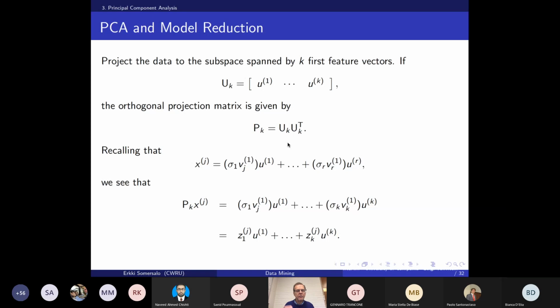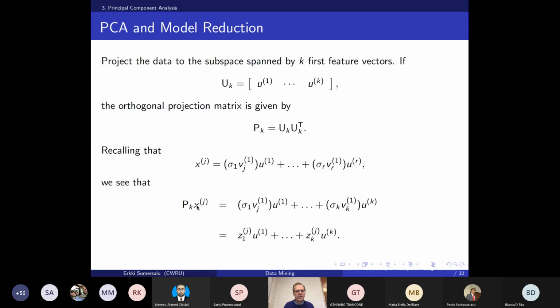So what does it mean? If I have a vector xj, and I want to find the projection on the subspace spanned by the first k singular vectors, the vector which is in that subspace is obtained by Pk times xj. And in general, my xj, using singular value decomposition, is a linear combination of the r first feature vectors. So when I'm projecting, I'm retaining only the k first feature vectors.